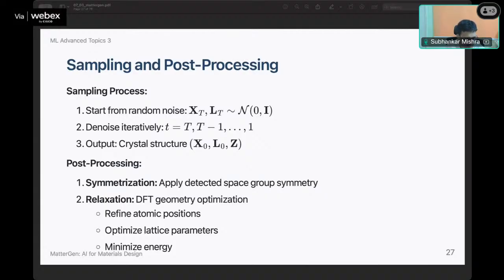That is atomic positions and atomic numbers. Then you have to do a little bit of post processing. Post processing will basically involve symmetrizing the output to the nearest space group, and we'll run a quick DFT relaxation to fine tune the geometry. Then they check for stability and they calculate the properties.